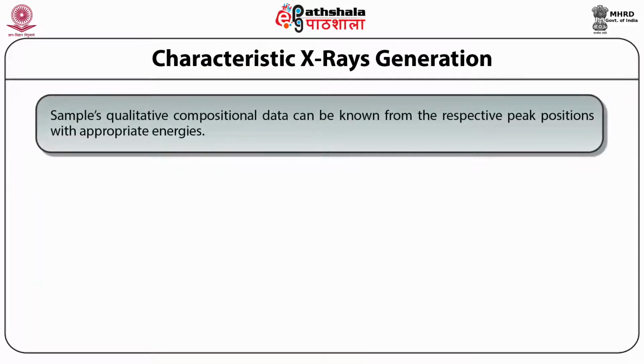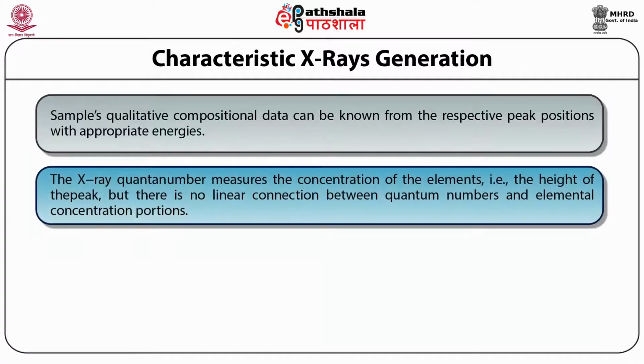For samples, qualitative compositional data can be known from the respective peak positions with appropriate energies. The X-ray quantum number measures the concentration of the elements, that is, the height of the peak, but there is no linear connection between quantum numbers and elemental concentration portions.